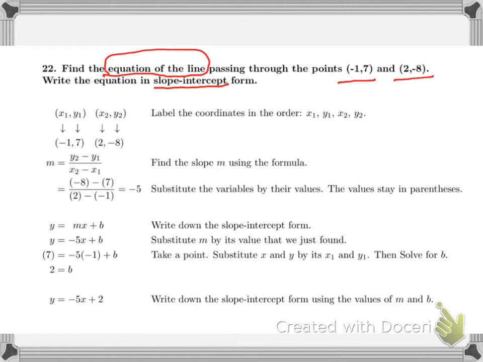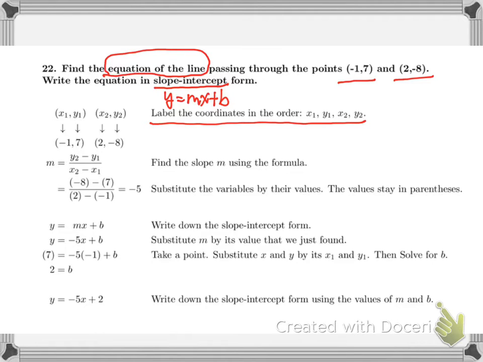So what's the slope-intercept form? y is mx plus b. So let's look at solution 1, the calculation solution. In the beginning, we label these coordinates.